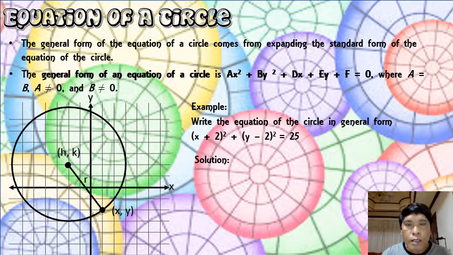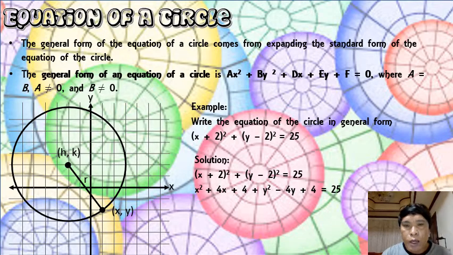So it is said that we have to expand the standard form of the equation. So all you have to do is simplify this or expand everything to express the equation into general form. So expanding (x plus 2) squared is x squared plus 4x plus 4, and expanding on y, we have y squared minus 4y plus 4 equals 25.